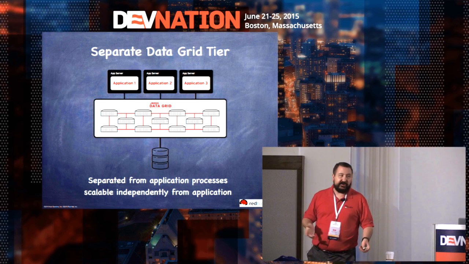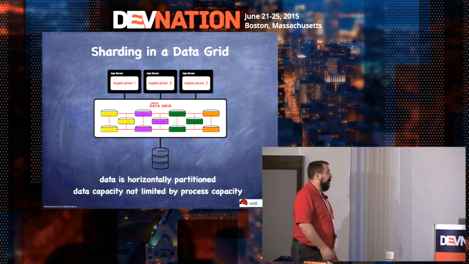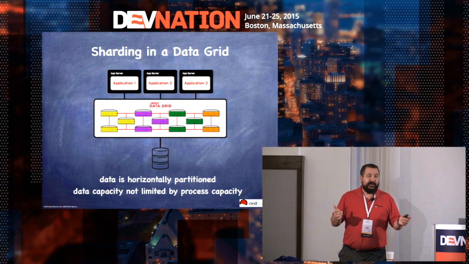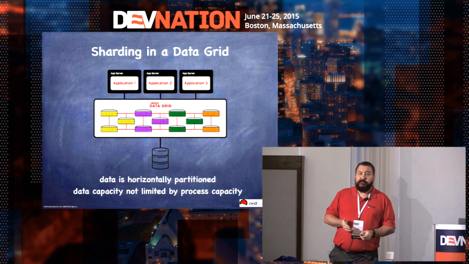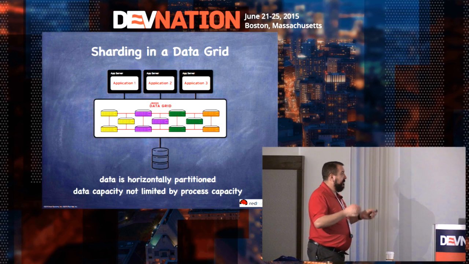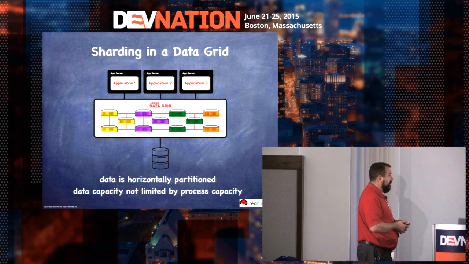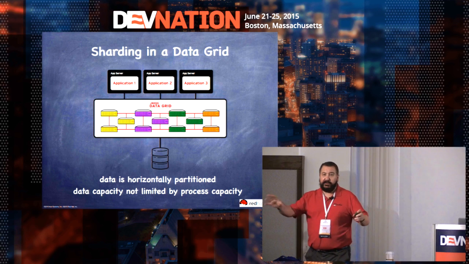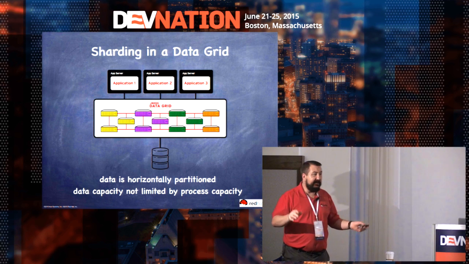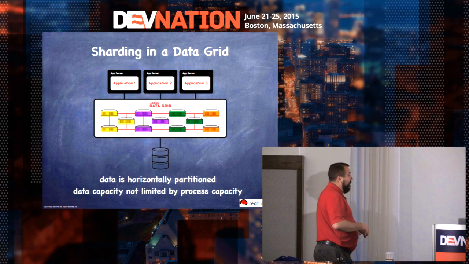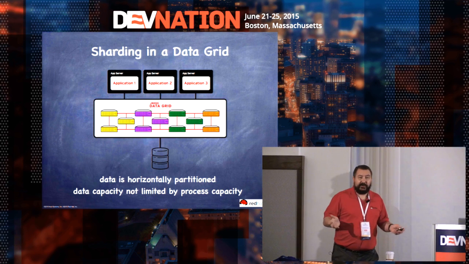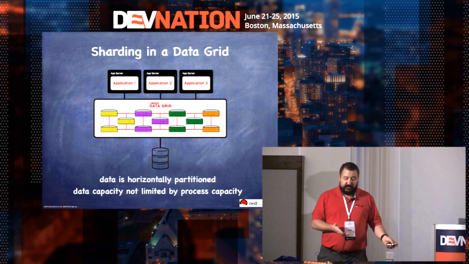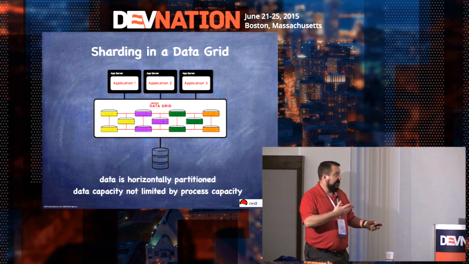I can do things like sharding, where if the volume of my data grows beyond the core capability of the address space of a machine, I can use the algorithms in the data grid to partition my data into multiple instances across these shards, and then I can build redundancy and high availability in how I'm doing the sharding.